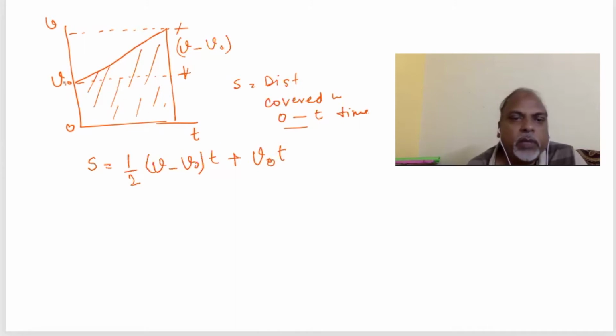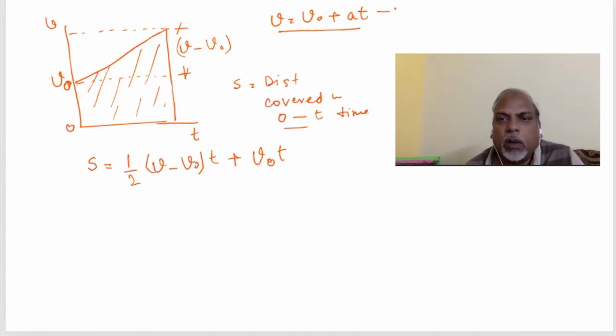This is basically v0, correct? Now our first equation, which we derived, gives v minus v0 equal to at.